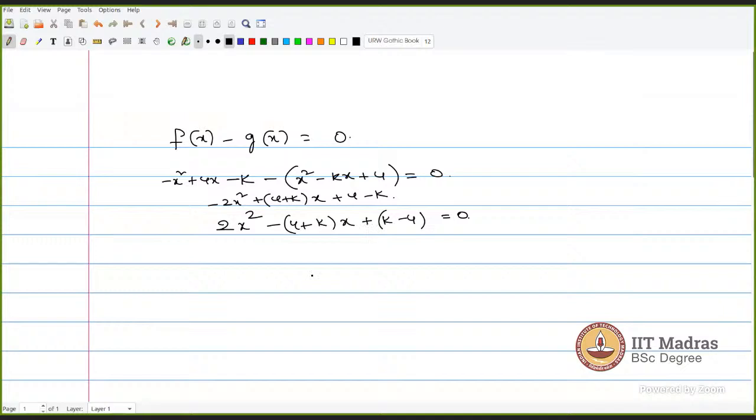Yes, sir. So discriminant will be, if it is at most, discriminant should be less than or equal to 0.